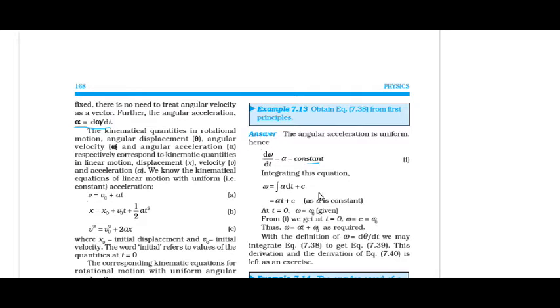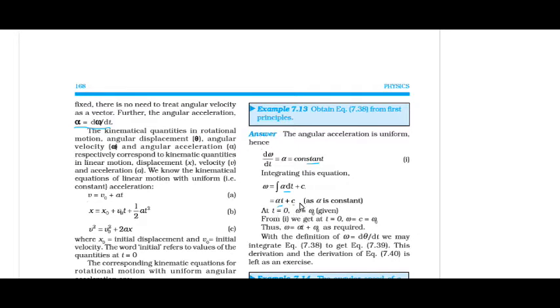Integrating the equation, we can write omega is equal to integration of alpha dt plus c, where c is the integration constant. The integration of alpha dt is alpha t, and c is a constant, it will remain as it is. So omega is equal to alpha t plus c.